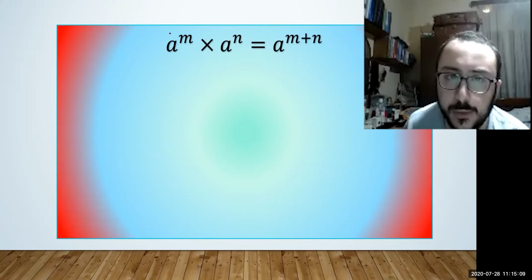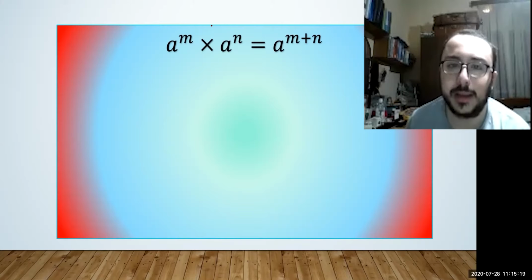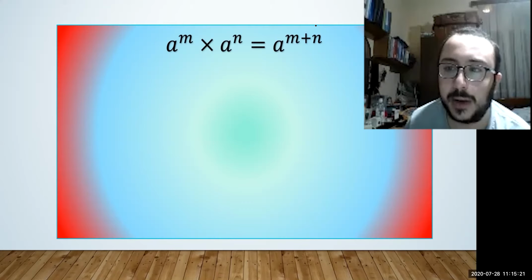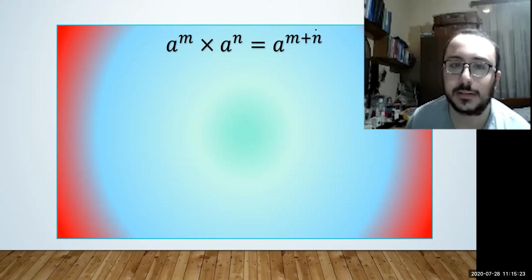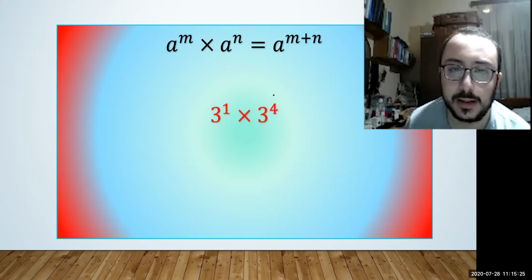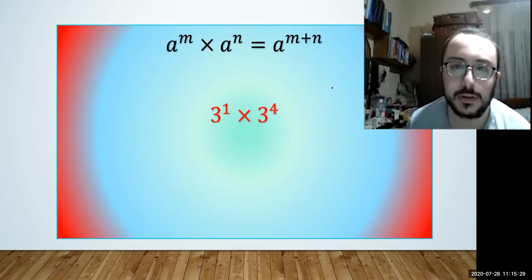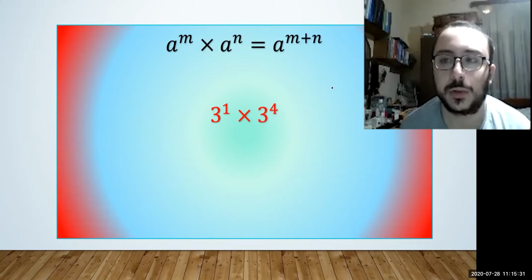So if we're multiplying the same number, it's the same base, a, but different powers. Here power m, here power n. We add the powers. For example, 3 power 1 times 3 power 4. What is it equal to?